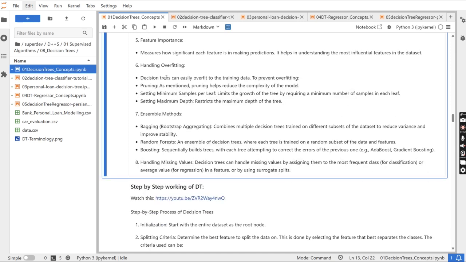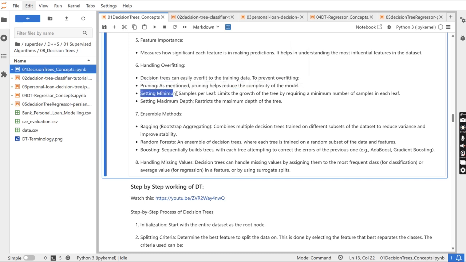Next is handling overfitting. How will you handle overfitting? Decision trees, if there is noise present, will start learning the noise also. To prevent overfitting, we have to do these steps.